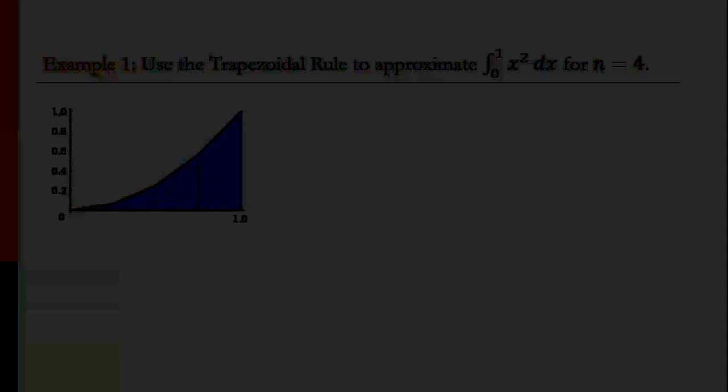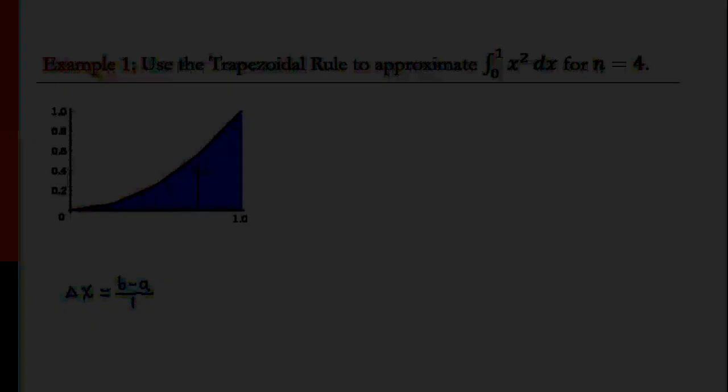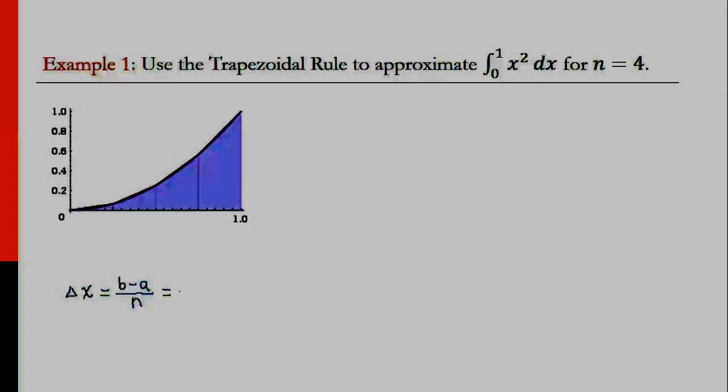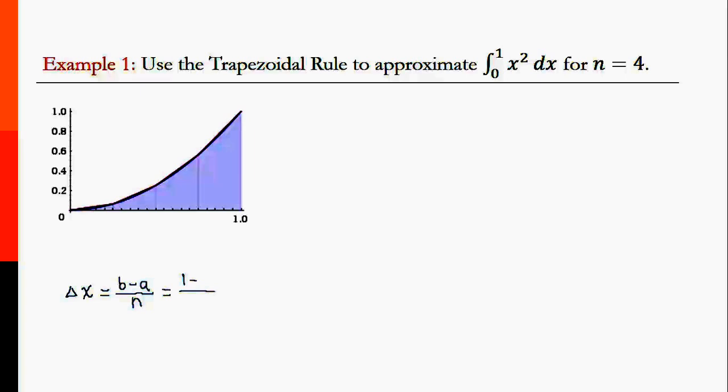Next, we need to find delta x using the formula delta x equals (b minus a) over n. b equals 1 in our case, a equals 0, n equals 4, so delta x equals 1/4.